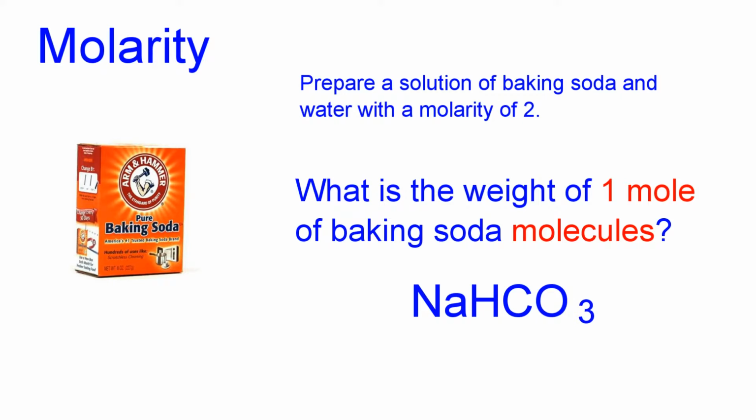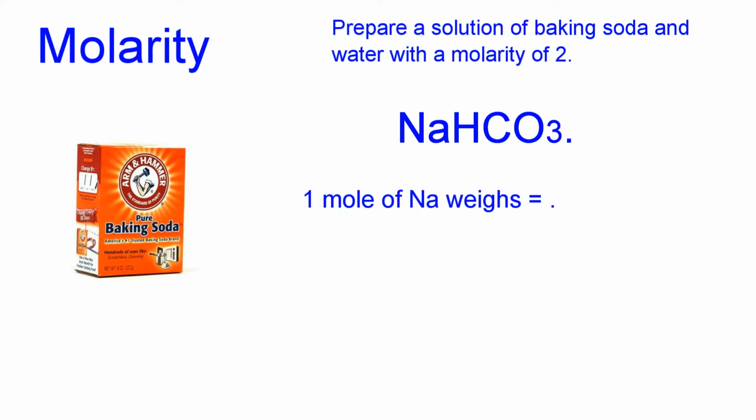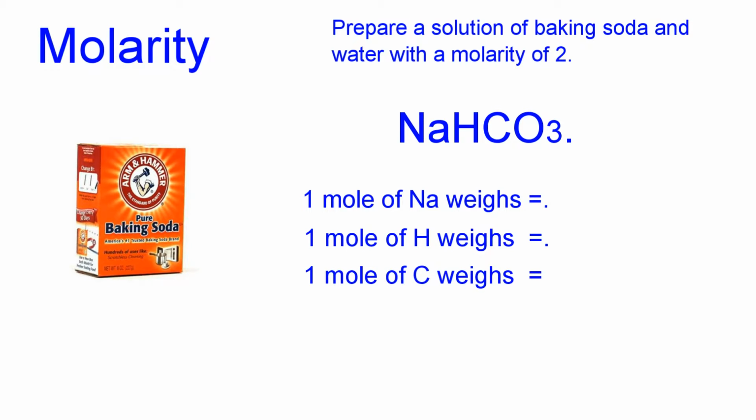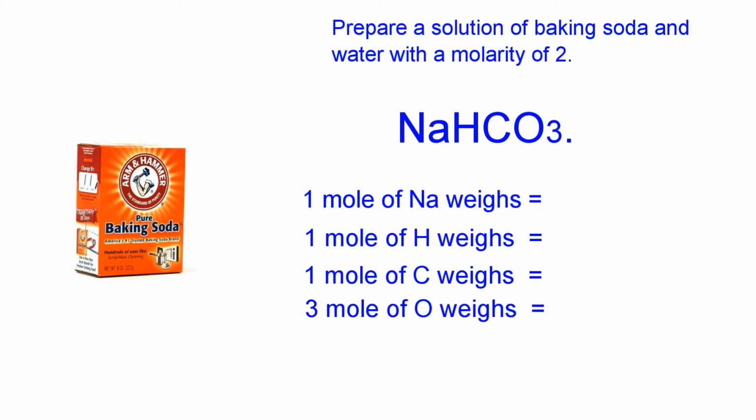So, if we want to know the weight of 1 mole of baking soda molecules, we need to know the weight of 1 mole of sodium atoms, the weight of 1 mole of hydrogen atoms, the weight of 1 mole of carbon atoms, and the weight of 3 moles of oxygen atoms.